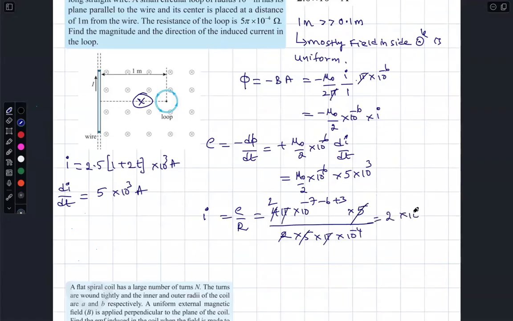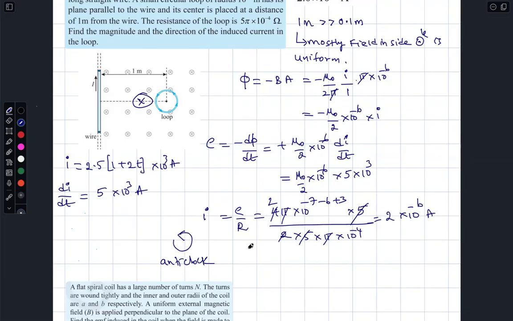What is the numerator now? Minus 13 plus 3 minus 10 plus 4 minus 6. 2 into 10 power minus 6 amps. Positive. So the current in the loop is in anti-clockwise sense.